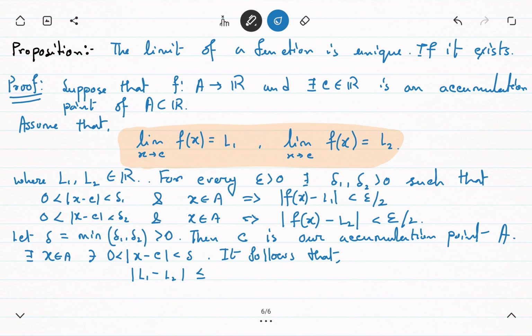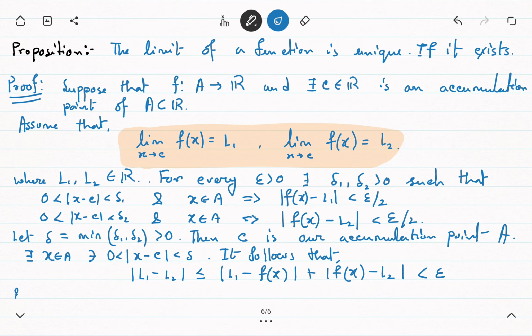So if we adjust things this way and apply the triangle inequality, you will find that |L1 minus f(x)| plus |f(x) minus L2| is less than epsilon.